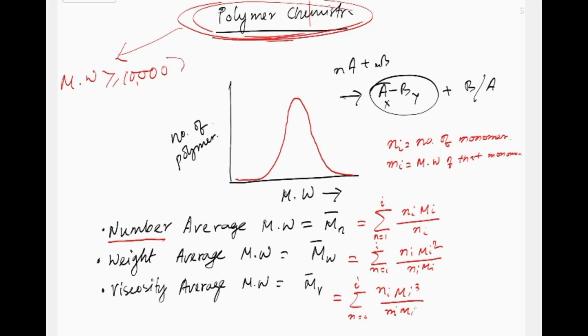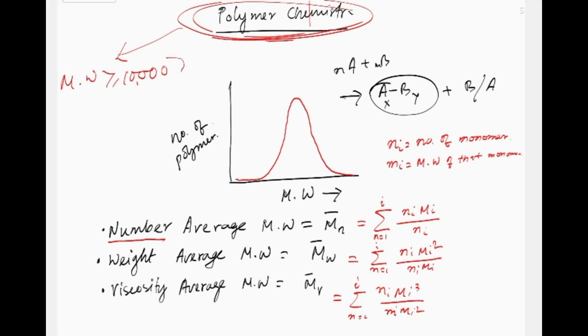That is the viscosity average molecular weight, right? So these are a few different average molecular weights of polymers.